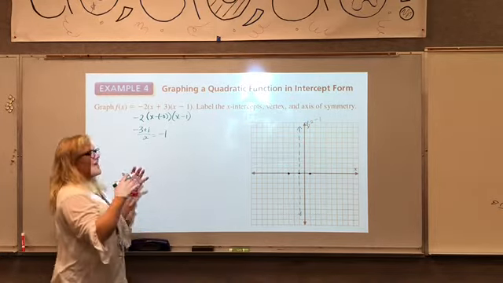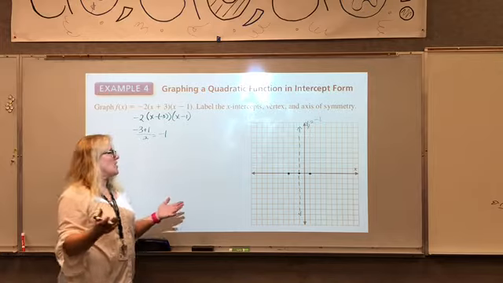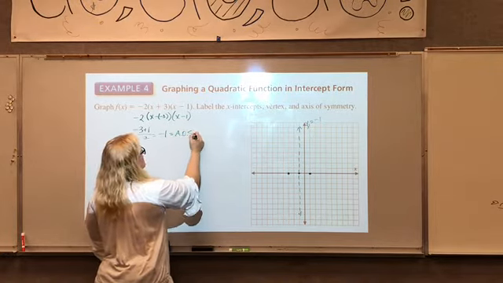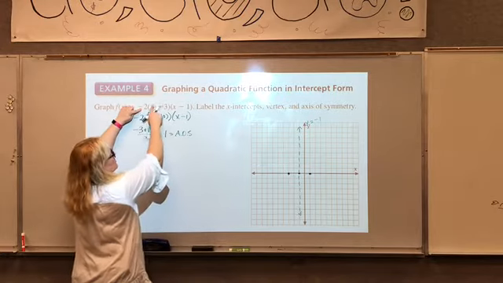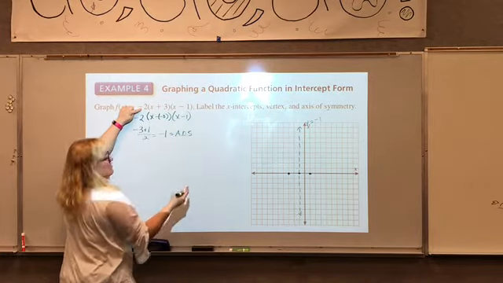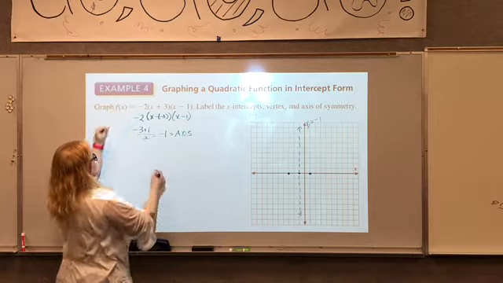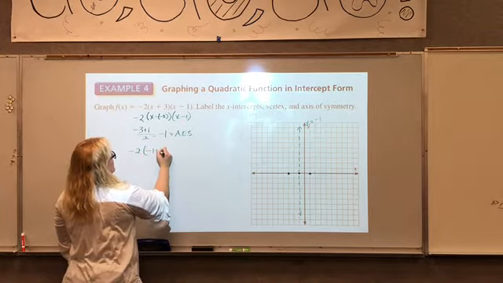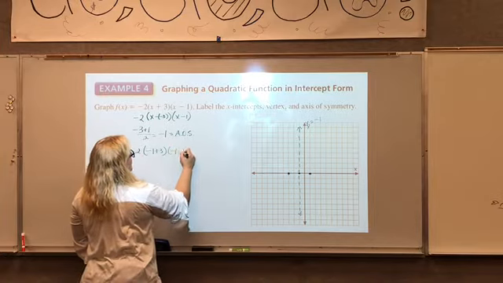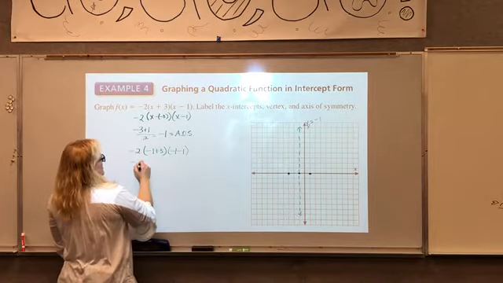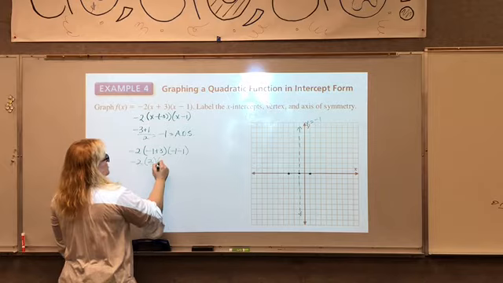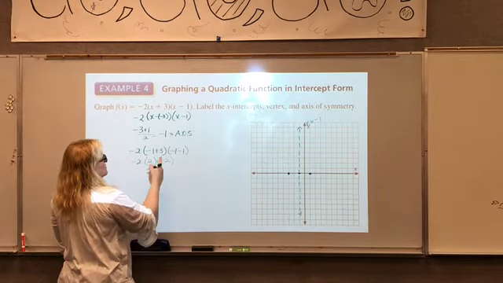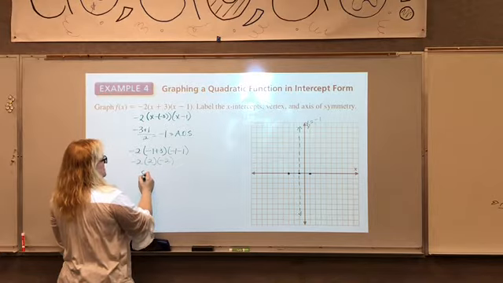And then, like every other thing that we do, we take our axis of symmetry and we plug it into the equation to get our y value for the vertex. So negative 2 times negative 1 plus 3 times negative 1 minus 1. Negative 2 times 2 times negative 2, this gives me 8.